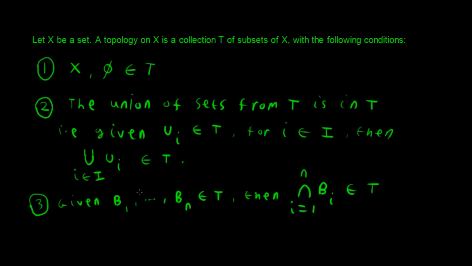Okay, so this is for any arbitrary natural number n. If I take any finite number of sets that are in T, then the intersection should also belong to T.